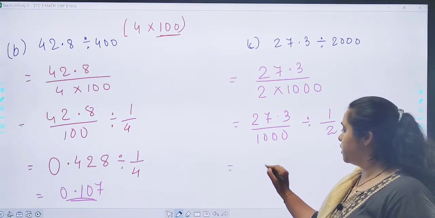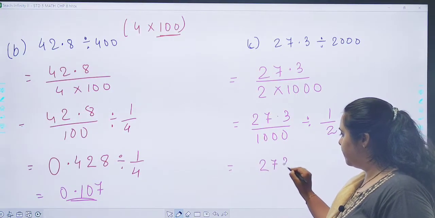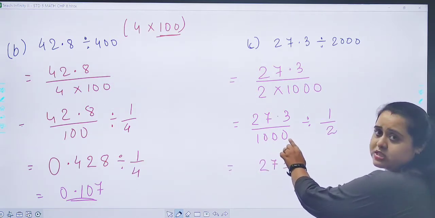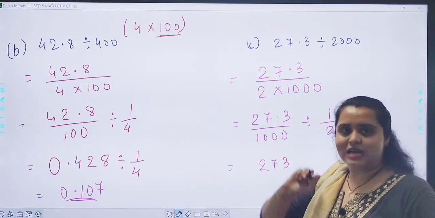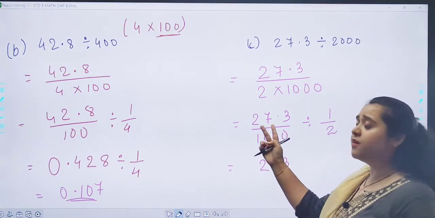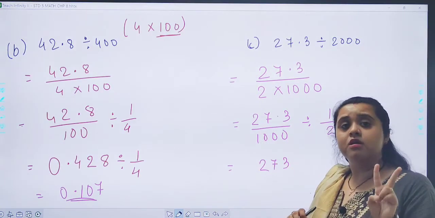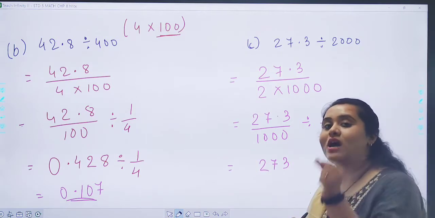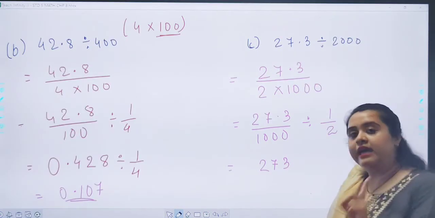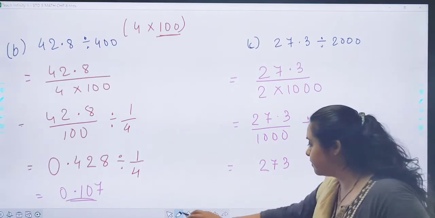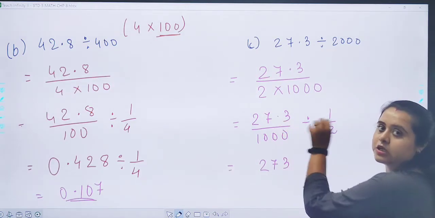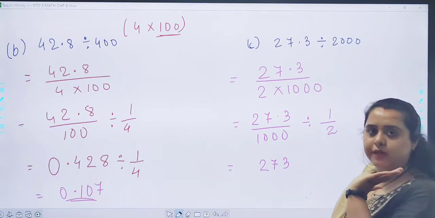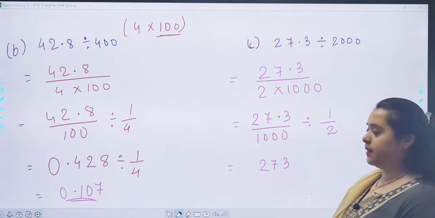Now focus. 273. 3 zeros are there. That means the decimal should go after 3 numbers, right? But I have only 2 numbers, so I am adding 1 zero. Again, I am repeating. See, decimal is here in 27.3.